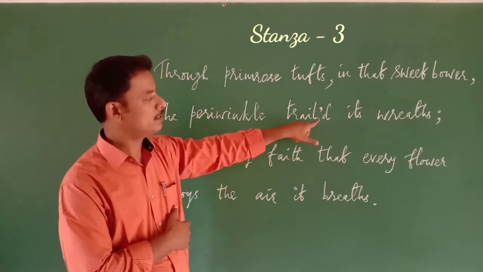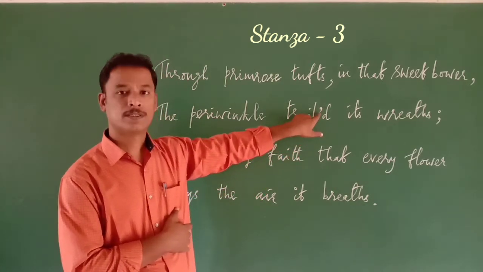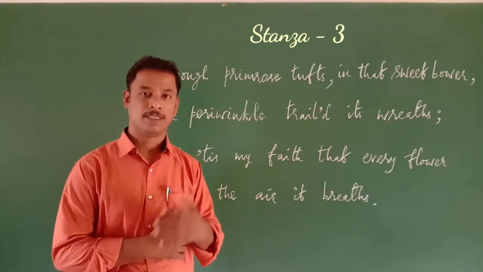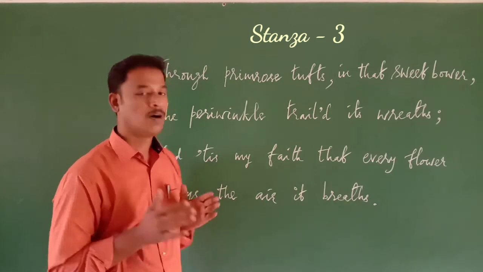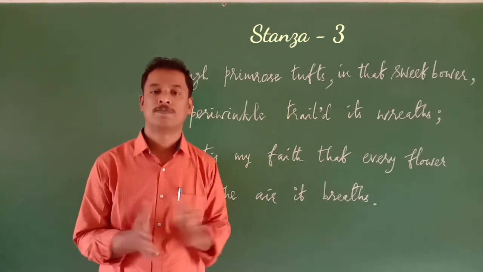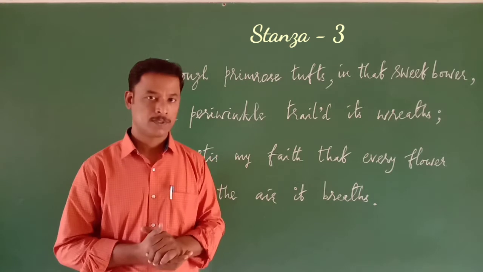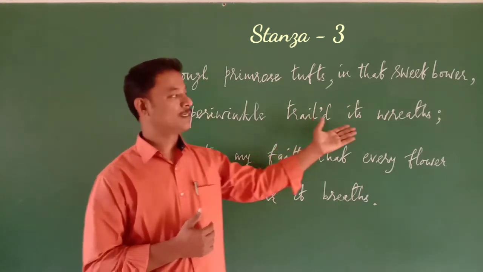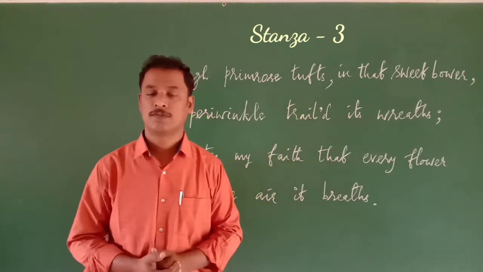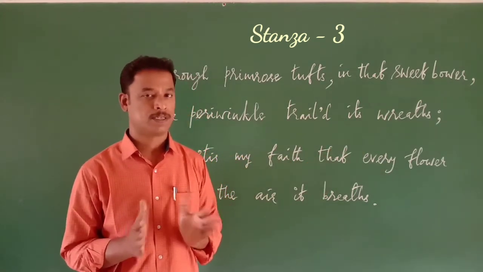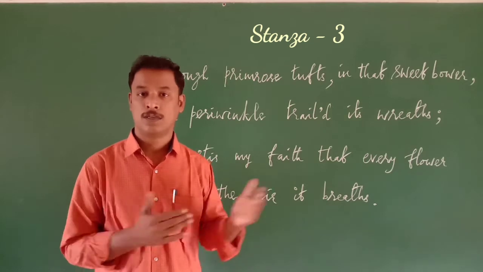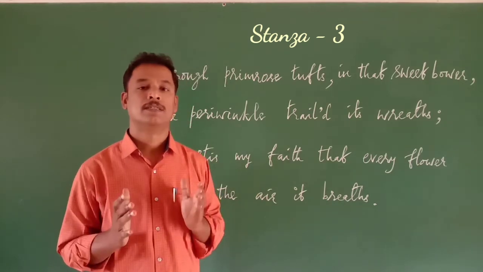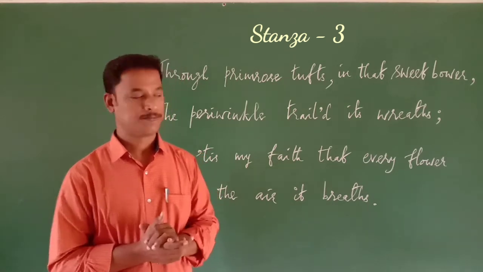Here, the letter E is hidden by using the apostrophe. Right. Trailed means to grow or hang downwards over something or along the ground, or to move downwards over something. Wreaths mean an arrangement of flowers in the shape of a circle, traditionally hung on doors as a decoration or worn on the head as a sign of honor.